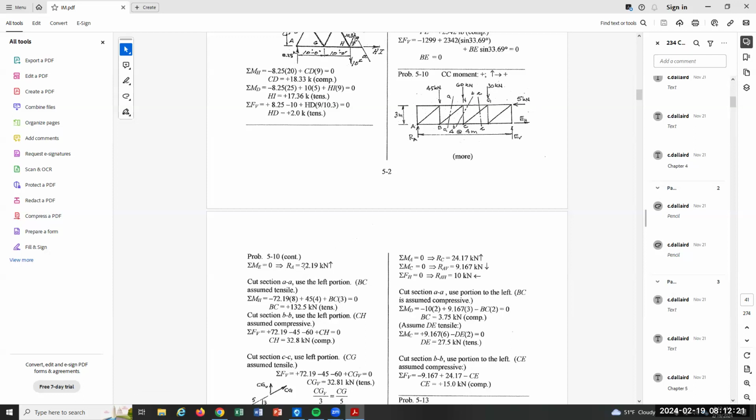Oh yeah, they did right there. 72.19, they round. 72.18, 75 kilonewtons. And then they stop with reactions because they do their section and then they use that side. Just to show you how the book does it.